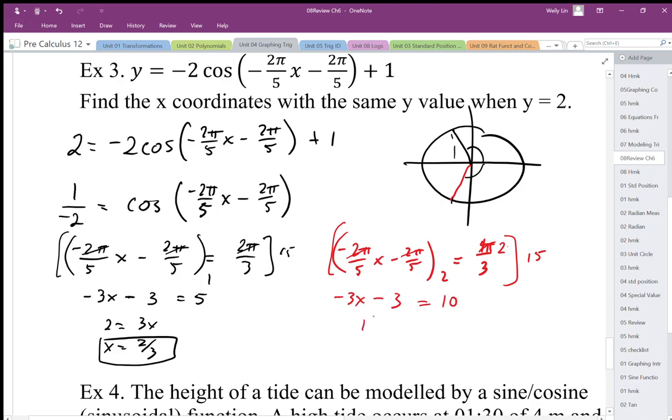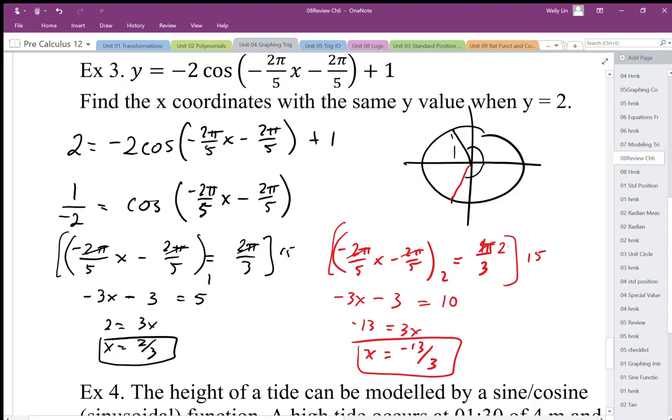So I get -13 is equal to 3x, and then I'm going to divide by 3. So there's my other angle.